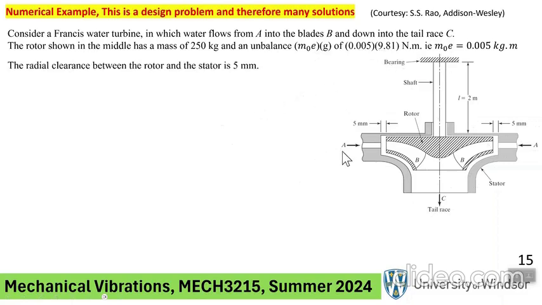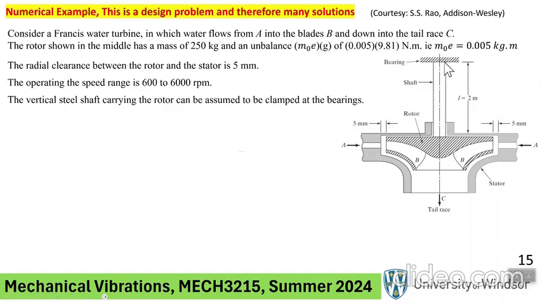The radial clearance is 5 millimeters between the stator and the rotor. And the operating range of the turbine rotational speed is 600 to 6,000 RPM.